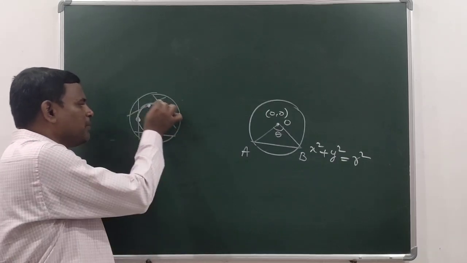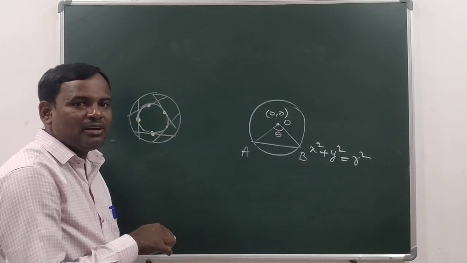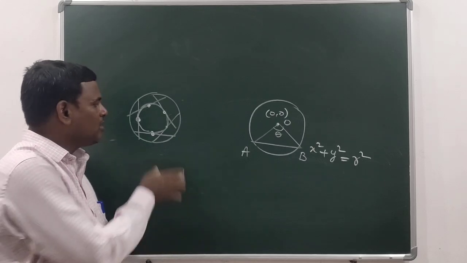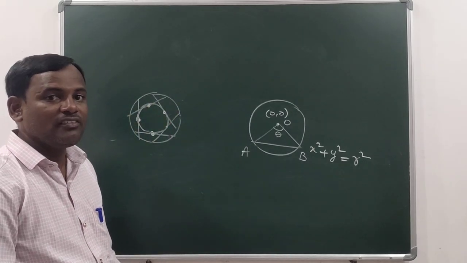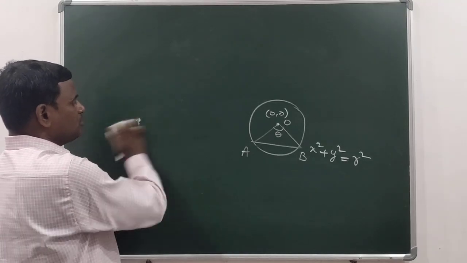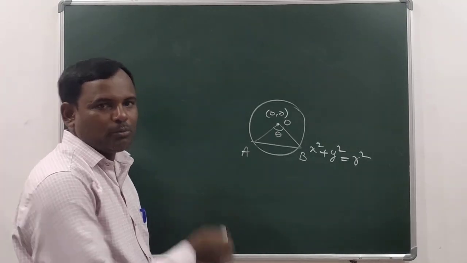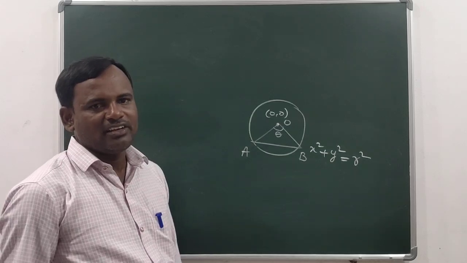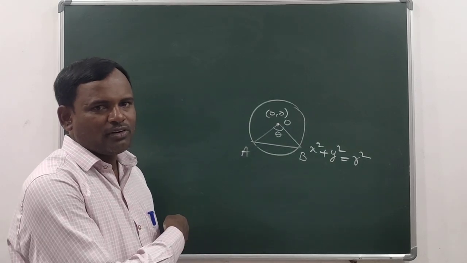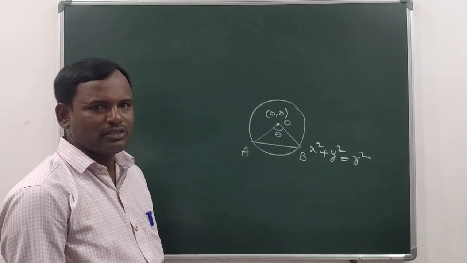How is the circle forming? By connecting the midpoints of chords having the same length. Now I am going to find that required circle equation. How it is formed, I explained to you. I think you have understood it.